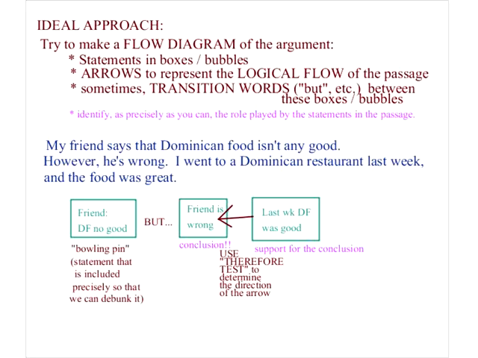Let's come back to this slide in a second. Let me talk about it, it's a little bit of a digression, but it's a good point. Let me talk about the advantage of a T-bar versus a flow diagram. A T-bar diagram, if any of you haven't read our strategy guides, is the type of thing that has the conclusion on top, and then you put all the pros over on this side and all the cons over on that side.